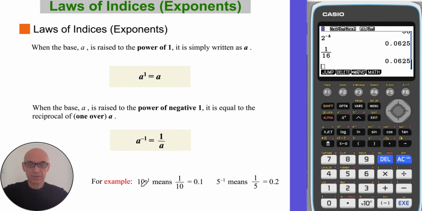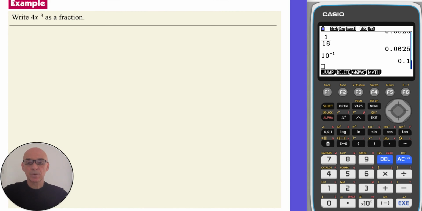So for example, 10 to the negative 1 is equal to 1 over 10, a tenth, and 5 to the negative 1 is equal to 1 over 5, or a fifth. Verifying one of those on the calculator, 10 to the power of negative 1 is equal to 0.1.